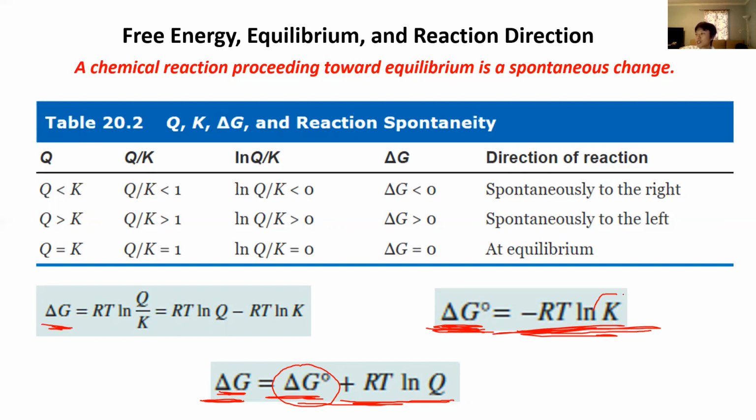If this is given at the temperature, you can calculate the standard delta G. Or if you know the reaction, you can use appendix D to calculate the standard free energy, and you can figure out the equilibrium constant.